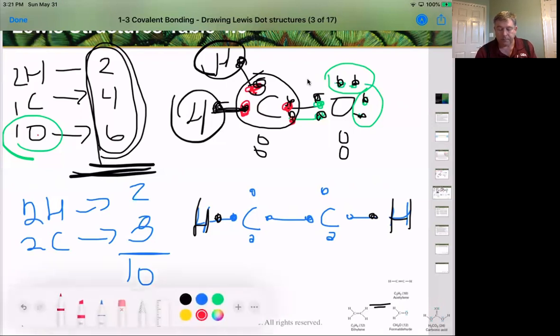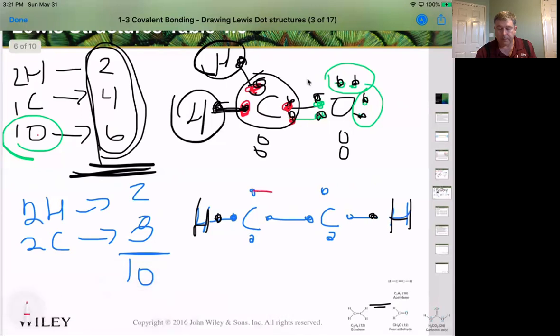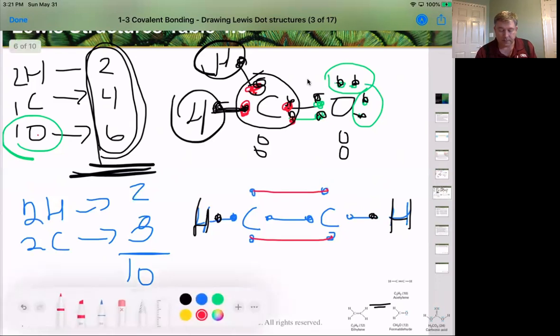So I think if we made these 2 electrons a bond and these 2 electrons a bond, that would give it the right number of electrons. We have the right number of electrons, 1, 2, 3, 4, 5, 6, 7, 8, 9, 10, and we have the right number of bonds to the carbon, right? Because let's start counting these.